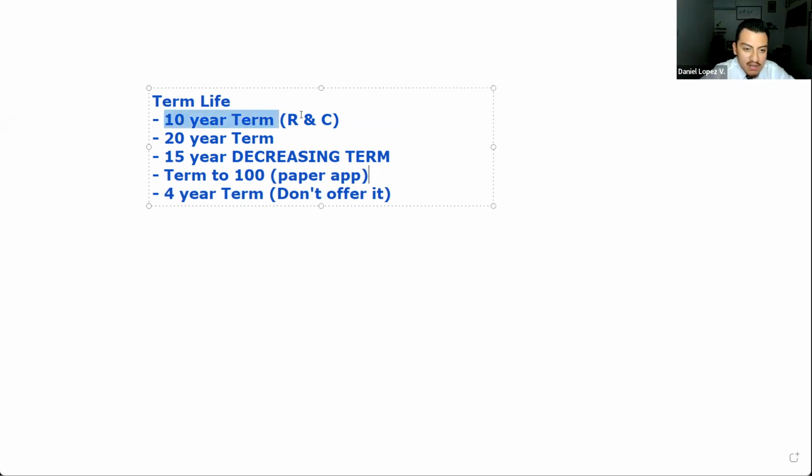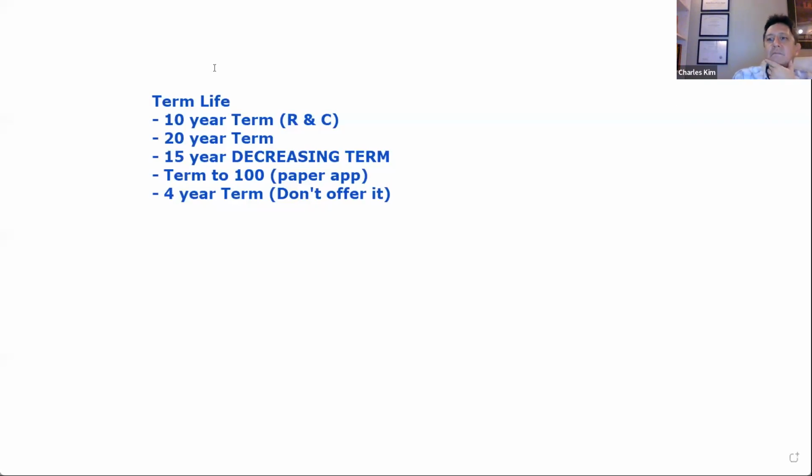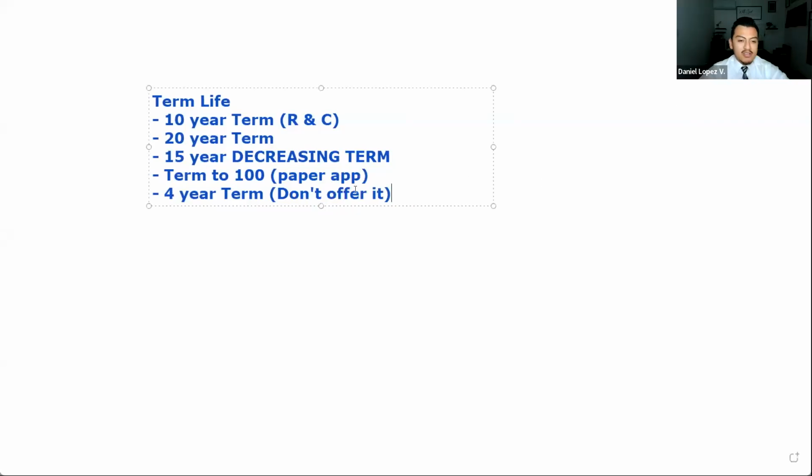the only renewable convertible is the 10-year because that's the only one I really recognize that I've seen. Yes, and we're gonna go over in the app where it is. Okay, perfect. So there's those. Now there's also actually one more here that I missed.